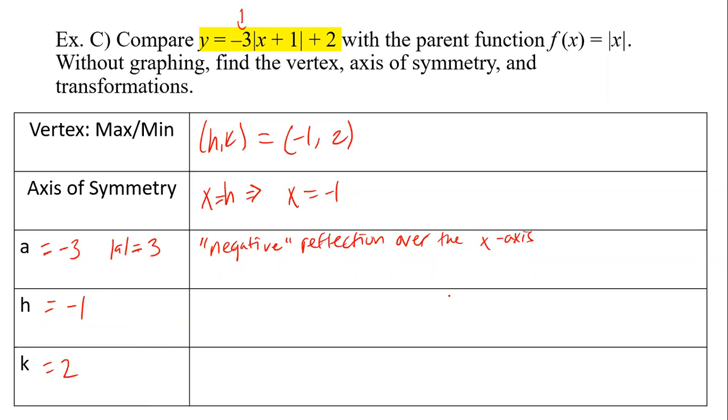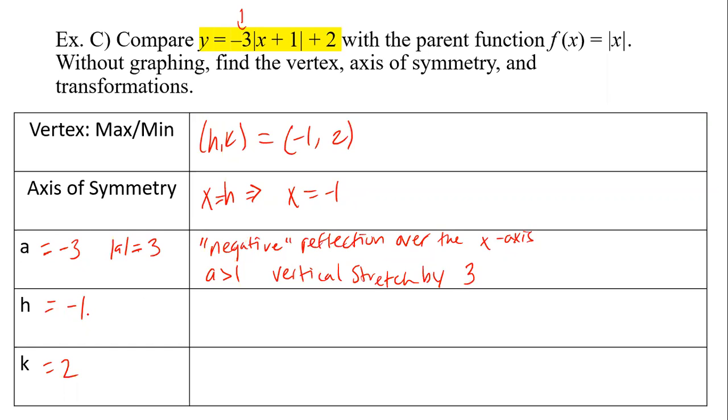I was thinking X equals 0. I meant Y equals 0, which is the x-axis. Okay, and again, our A is greater than 1. So therefore, we have a vertical stretch by 3.